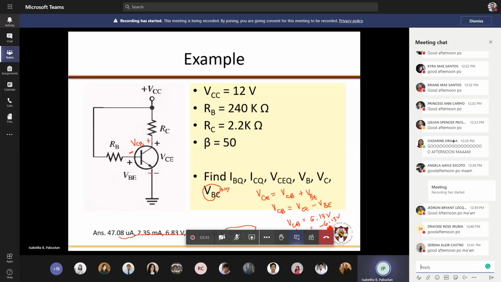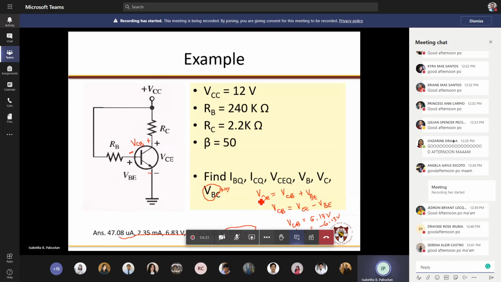And please remember that 6.13 volts and negative 6.13 volts, they have the same amplitude. Parehas lang yan. Hindi yan kagaya ng numero sa number line, na pagka negative, less, hindi. Parehas lang silang dalawa ng amplitude. Nagkaiba lang ay ang polarity. Okay? So, ito lang yung gusto kong i-emphasize.